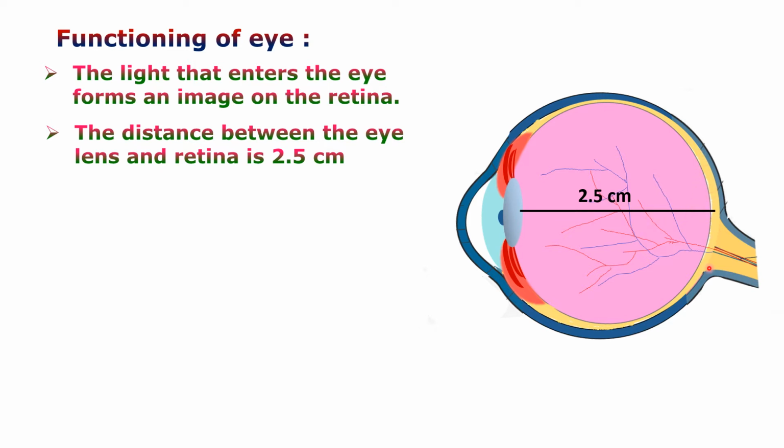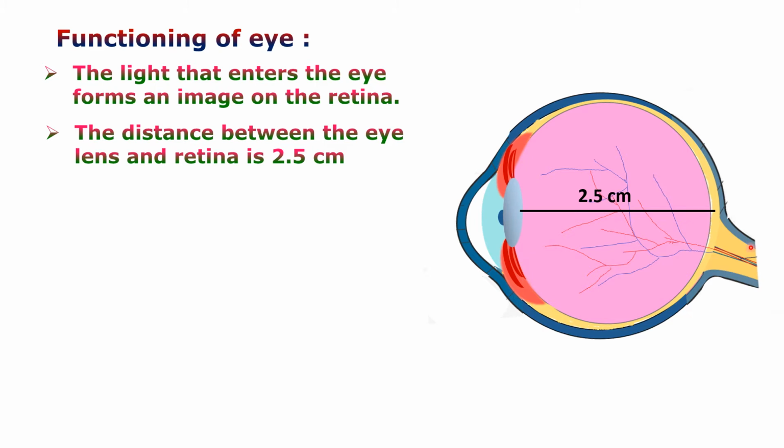It is a fixed distance only. In order to form an image at the fixed distance of 2.5 centimeters all the time, the eye lens has to change its focal length, and this focal length will be changed by the ciliary muscles.